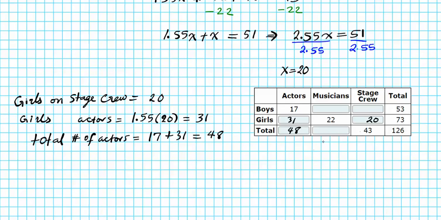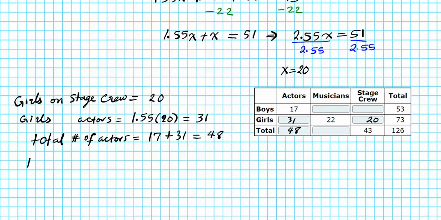Now let's look for another row or column that has only one unknown. Total, just the grand total across each category right here. The sum of actors plus musicians plus crew, the grand total. This row can be used to calculate the total number of musicians.